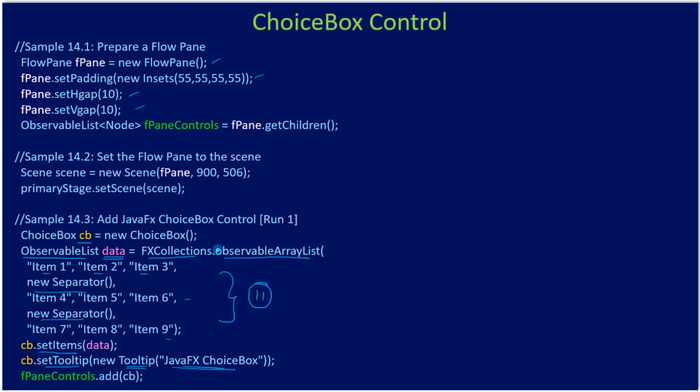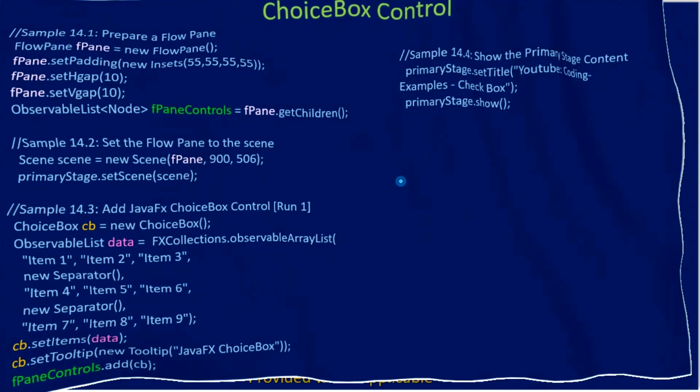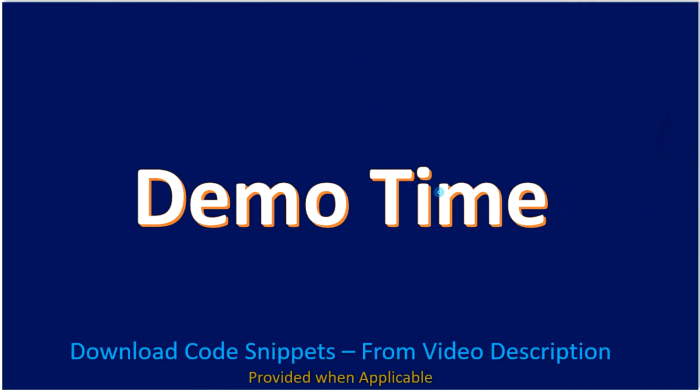After setting up the choice box, we are adding it to the flow pane control using the add method. Here we are setting the title and showing the scene on the stage. Now let's go to the demo.